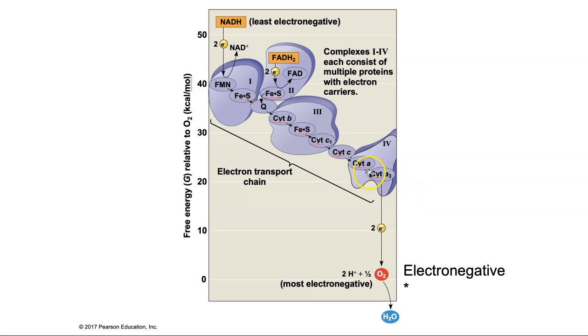So what this chain is, is a chain of molecules that go from least electronegative to subsequently more and more and most electronegative. And remember, electronegativity just means how hungry that molecule is for electrons. So we have molecules that are not as hungry, right?